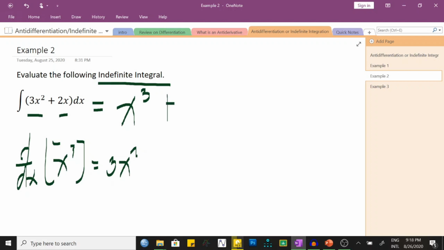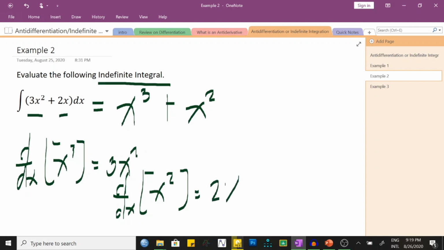How about 2x? What is a particular antiderivative for 2x? It is x squared, right? Because the derivative of x squared is 2x.